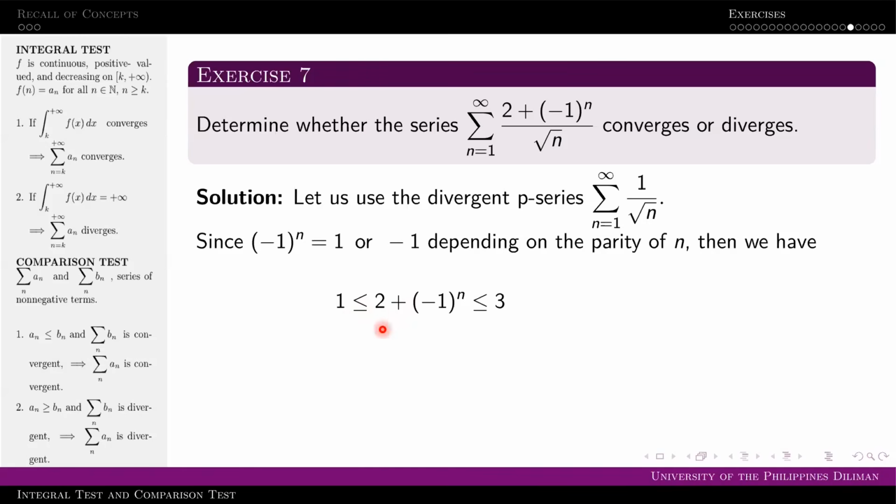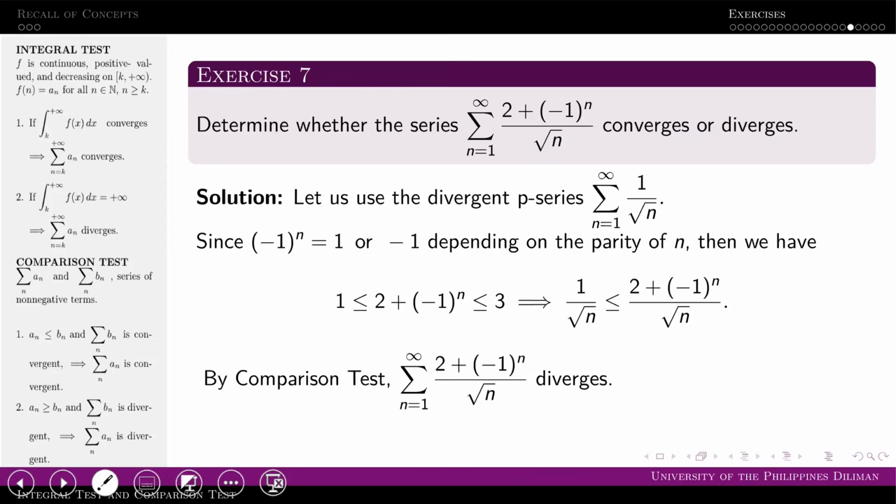Kasi we want our original series to be greater than 1 over square root of n para meron tayong conclusion based on the comparison test. So let's use that to arrive at this inequality after nating i-divide both sides by square root of n. So again, meron tayong series na mas maliit kaysa sa original series natin, and yung mas maliit na series ay divergent, which is case 2 ng comparison test. So we may conclude that our series diverges as well.